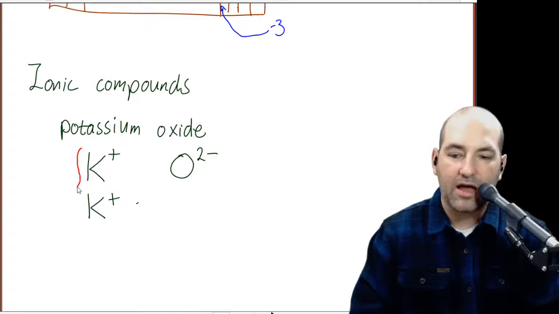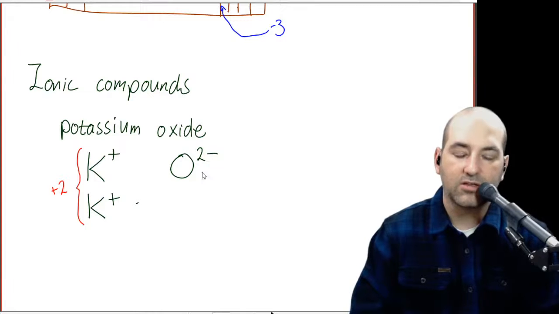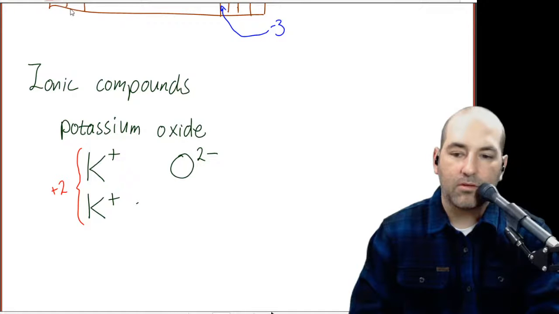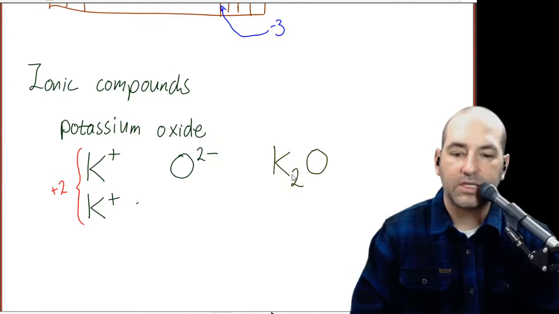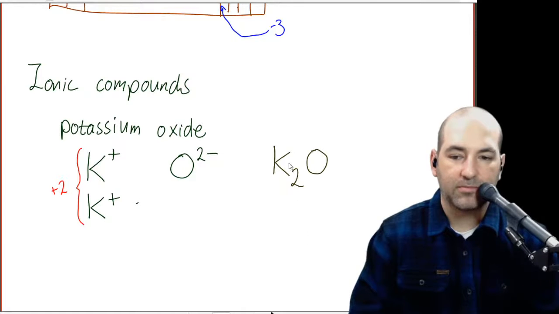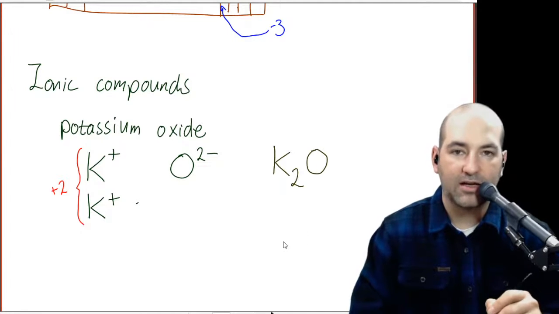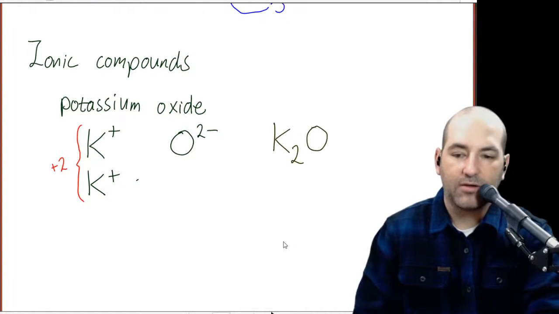So notice when we add 2 potassiums, we now have a total of +2 to balance our total of -2 over here. So the way we would write that is K2O to indicate that we need 2 potassiums for every oxygen. And that's our potassium oxide formula for that ionic compound.